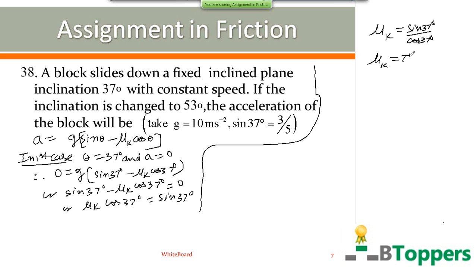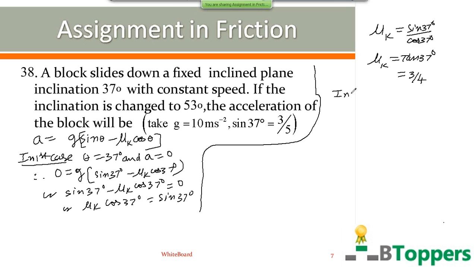So if the block slides down the fixed rough inclined plane with uniform velocity under the action of forces mg, normal reaction, and friction, the coefficient of kinetic friction between the block and the rough inclined plane you can take as equal to tan theta. So tan 37 degrees you can find out because we are given the value of sin 37 degrees in the problem. That will be equal to 3 by 4.